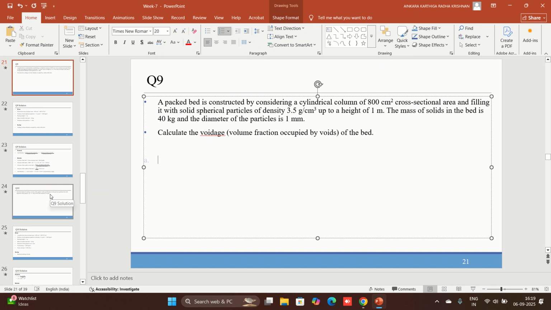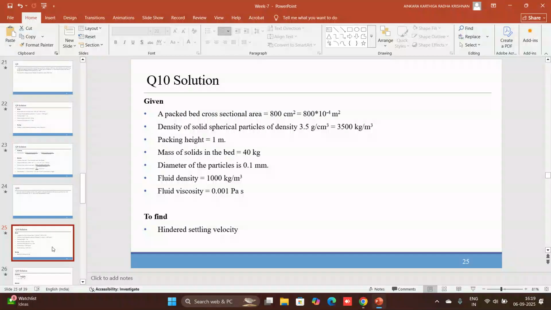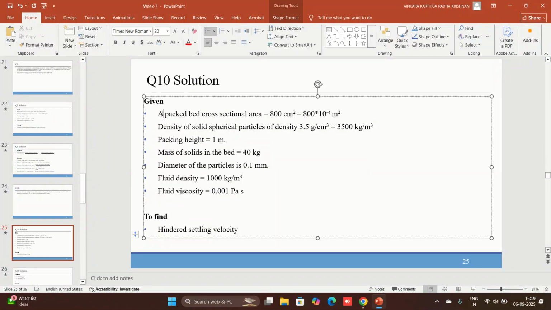So in this particular question, what has changed? Diameter of the particle is changed to 0.1 mm, and we are given a new fluid medium, and that is water. So packed bed cross sectional area is 800 centimeter square, which remains unchanged, so it is 800 into 10 power minus 4 meter square. Density of solid spherical particles is 3.5 gram per centimeter cube, so it is 3500 kg per meter cube. Packing height is 1 meter. Mass of solids in the bed is 40 kg.